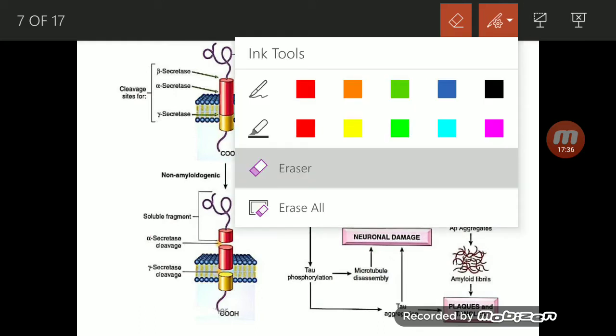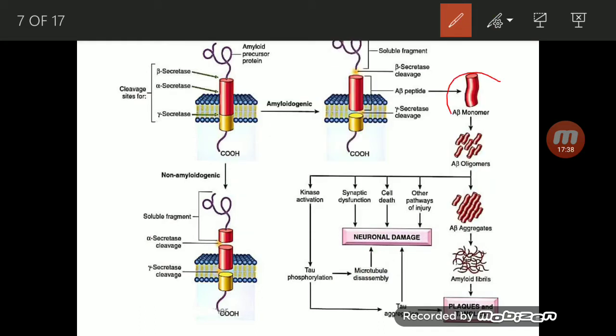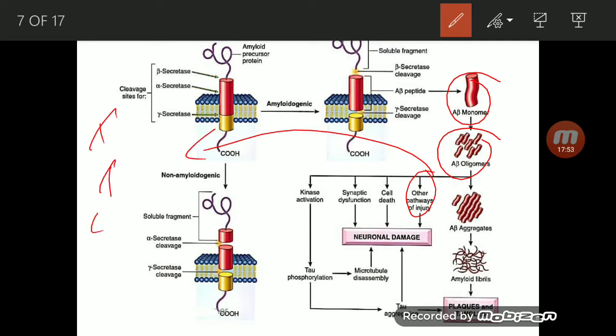Monomers, since they are getting accumulated in a large amount, form amyloid beta oligomers. Plaques accumulate and aggregate. Normally these plaques, through other pathways, say the inflammatory pathway and calcium homeostasis imbalance, can damage your neurons and directly initiate the cell death pathway.